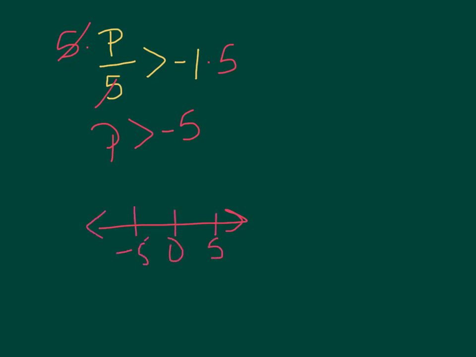Put a circle above negative 5. This is not equal to, so it's open, and P is greater than, so that goes to the right. My interval notation goes from negative 5 to positive infinity. It does not equal negative 5, and it does not equal infinity. There's your interval notation.